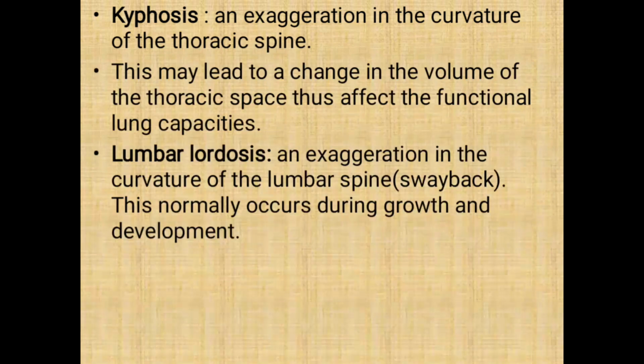one is tucked inward. So let's come to kyphosis after scoliosis, an exaggeration of the curvature of the thoracic spine. So the spine in the thoracic area can lead to a change in volume of the thoracic space, and can also affect the functional capacity of the lungs. The thoracic spine, you know it there at the back. So let's come to lumbar lordosis.